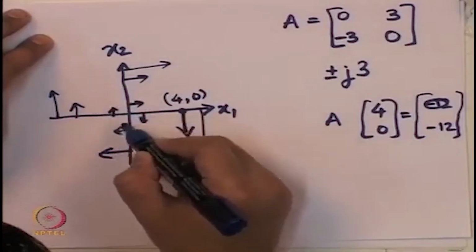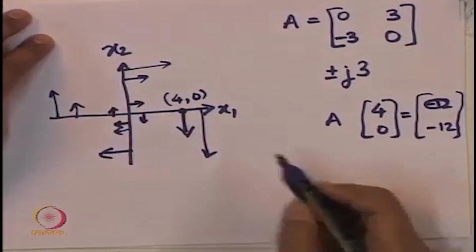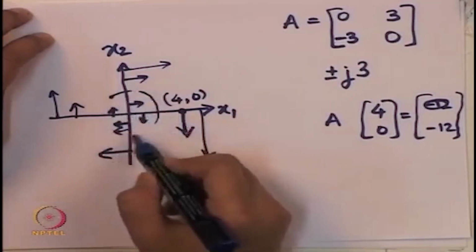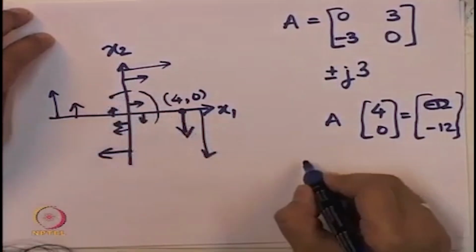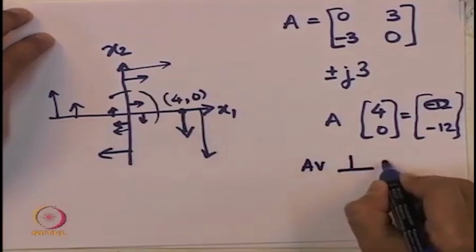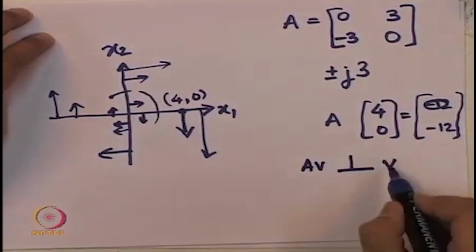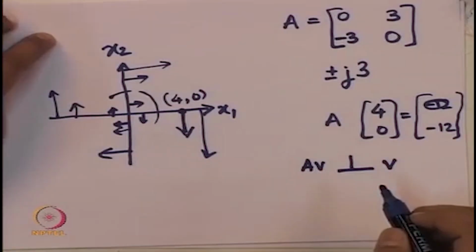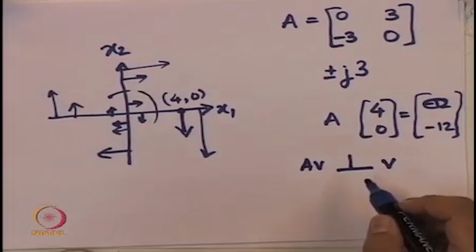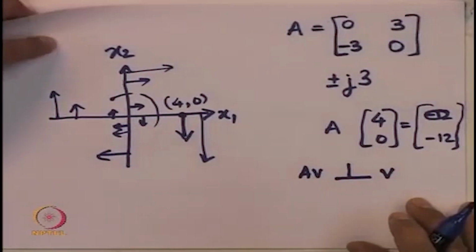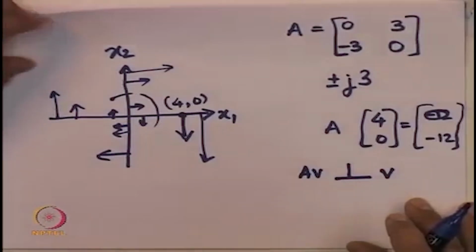Every point except the origin, if we start at any point, then we are continuously rotating, and it turns out that the vector A times V is perpendicular to the vector V itself. So if we are at any point V, then the arrow at that point, AV, is perpendicular to this, and we see that this is nothing but pure rotation, in which the velocity is perpendicular to the radius vector.